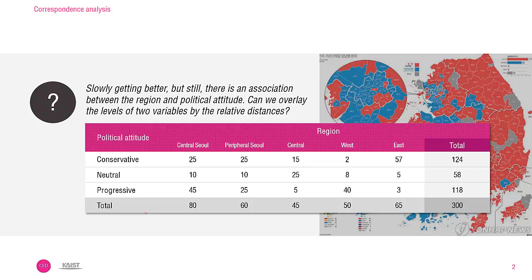As the map in the background illustrates, it is easy to find that the eastern part is highly advocating the right party, whereas the western part is toward the left party. So they are more progressive.